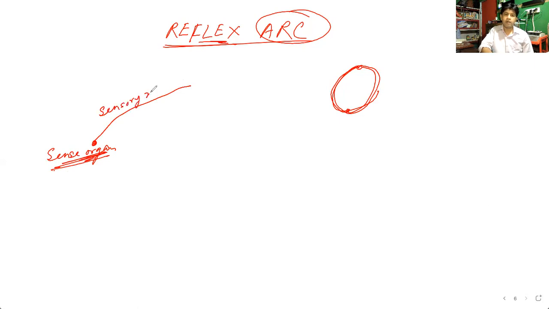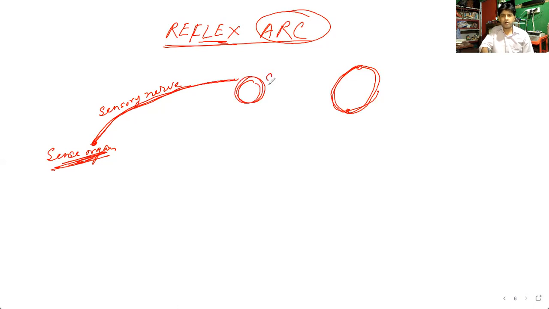About the sensory nerve, in the first part of this explanation I told. So from the sense organ, the sensory nerves bring the information, that means you can say the stimuli. For example, when you are touching a hot object with your hand, the skin of your hand is the sense organ, and the information that it is hot is carried by the sensory nerve to the spinal cord.